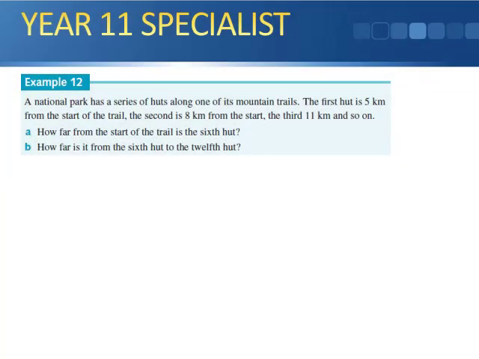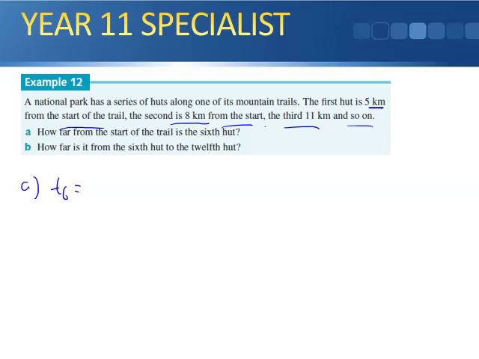Example 12. A national park has a series of huts along one of its mountain trails. The first hut is 5 kilometers from the start of the trail, the second is 8 kilometers from the start, and the third is 11 kilometers, and so on. How far from the start of the trail is the 6th hut? I've got T of 6 is what I need to find.